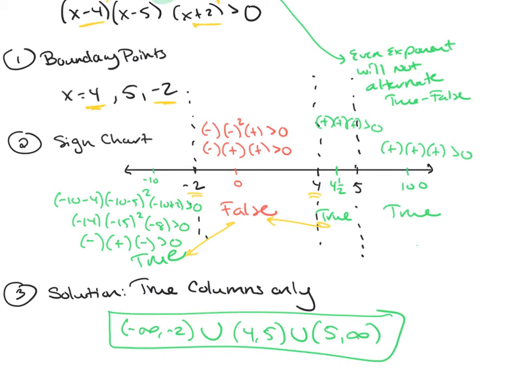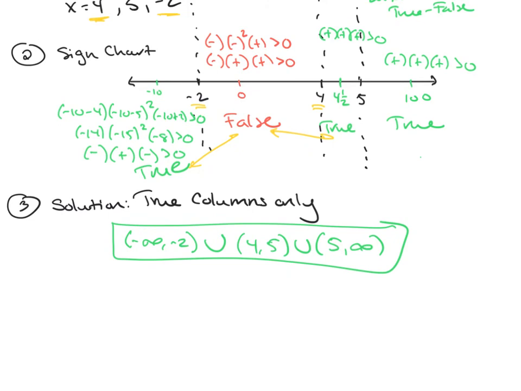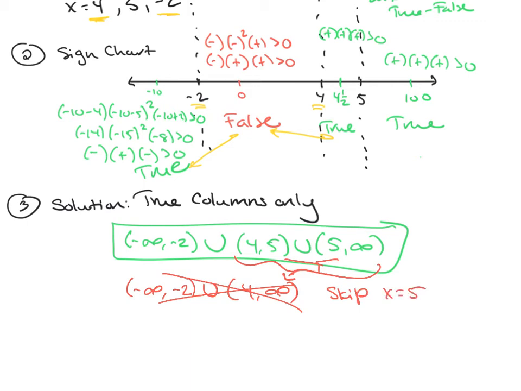A lot of times when I teach this class, I get the question, Mary Beth, how come it doesn't have the answer -infinity to -2 union 4 to infinity? Why didn't you just include these in one? And that's because that's not possible. That's because right here, we need to skip x equals 5 since we do not have a greater than or equal to.